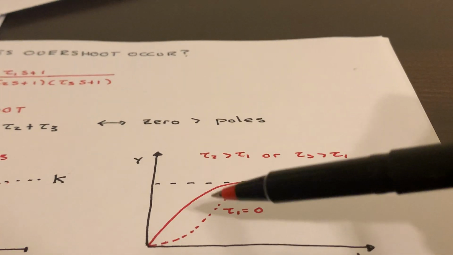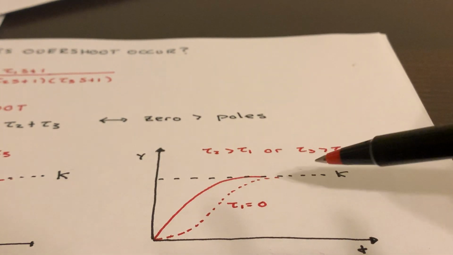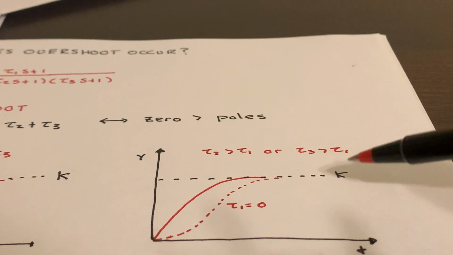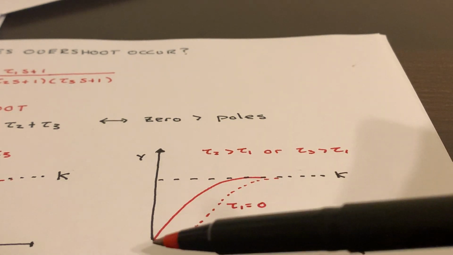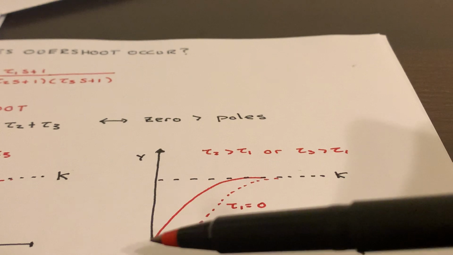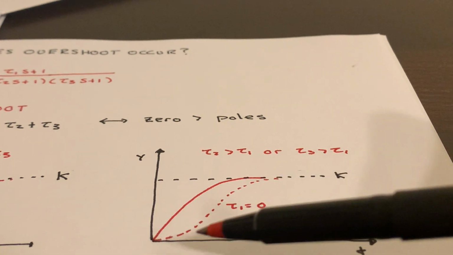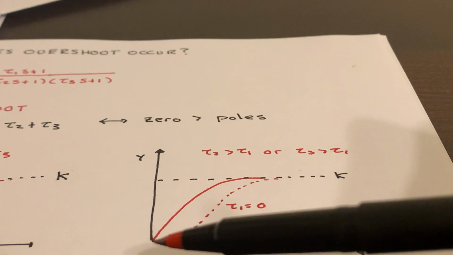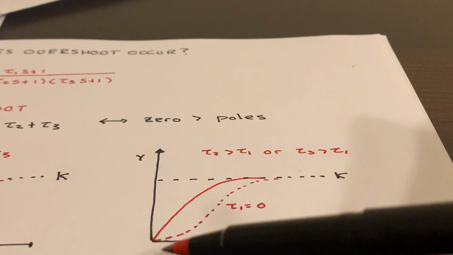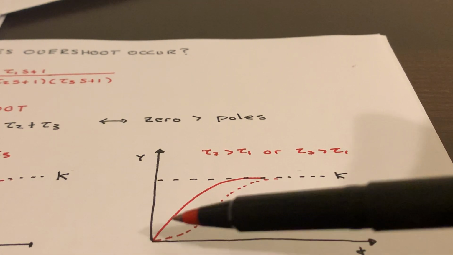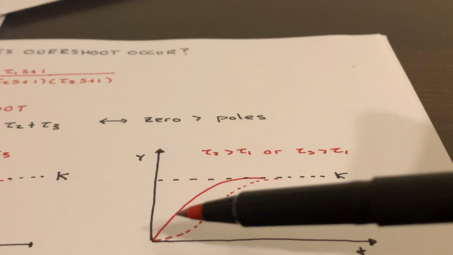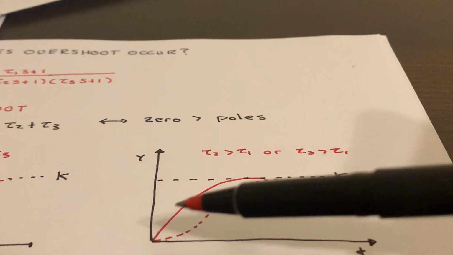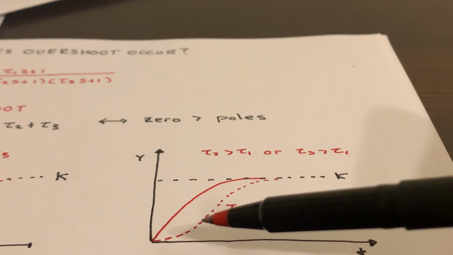However, if tau 2 is bigger than tau 1 or tau 3 is bigger than tau 1, then we're not going to get an overshoot, but we're going to get an accelerated response. So here would be the system without a zero. And then when we add the zero, because now we have a relative degree 1 system, we don't have the inflection. It becomes basically like a first order response, right? And so here again, we have acceleration.